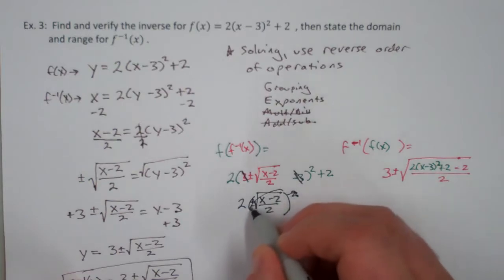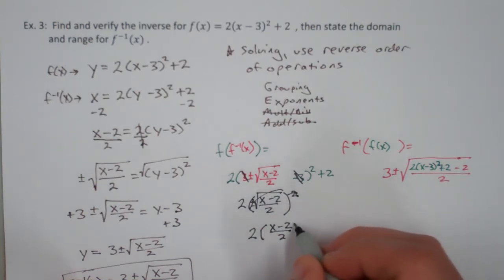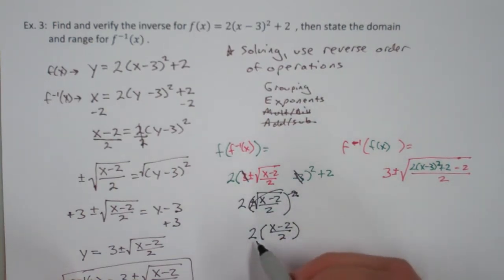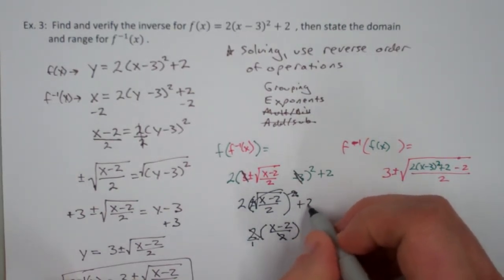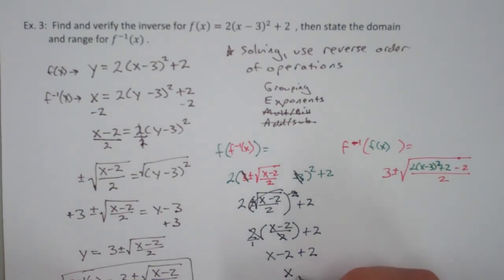The square and the square root will cancel. So we've got 2, and then I like to use parentheses here because we've got that entire quantity inside. Now this 2 and 2 will cancel. That's just 2 over 1, so the 2's are gone. Oops, I forgot to bring down the plus 2. Sorry. And then we've got x minus 2 now, plus 2.